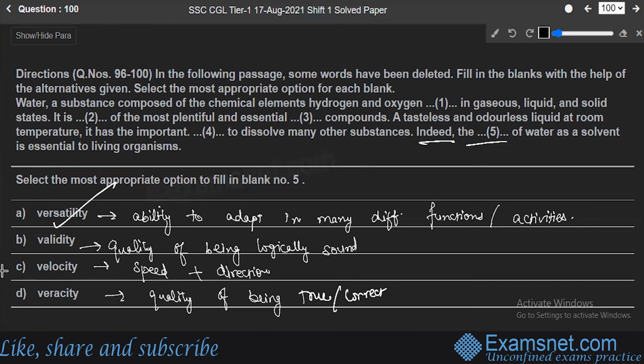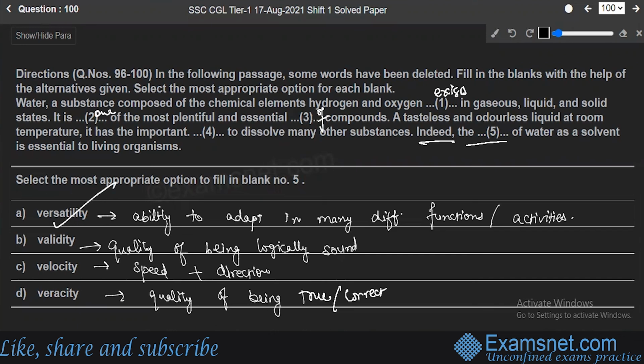Indeed, the versatility of water as a solvent is essential to the living organisms. So let's read the whole paragraph once. Water, a substance composed of chemical elements, hydrogen and oxygen, exists in gaseous, liquid, and solid state. It is one of the most plentiful and essential of compounds.